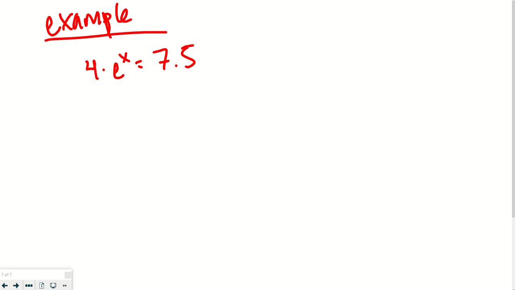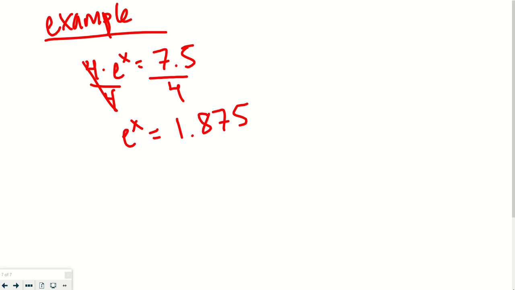Okay, well, remember order of operations. If this is multiplication, how can I get rid of this 4? Well, just divide. So e to the x equals 7.5 divided by 4, which is 1.875.